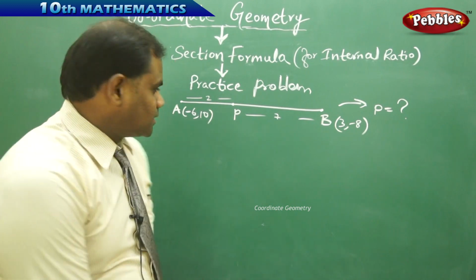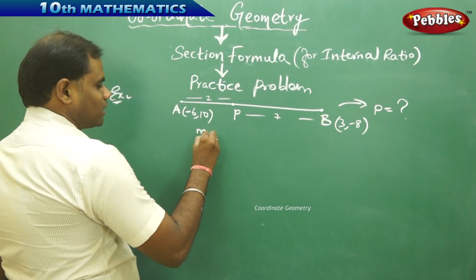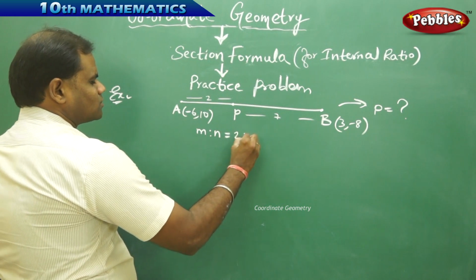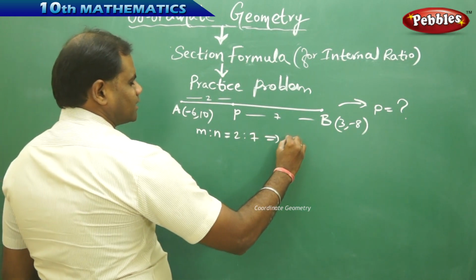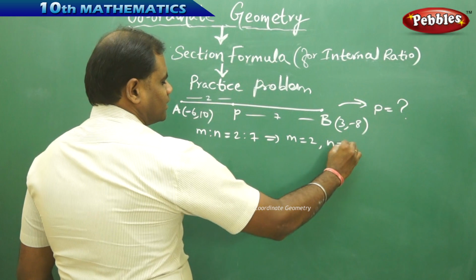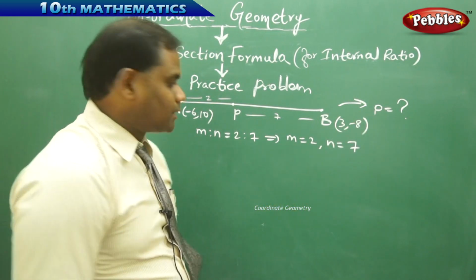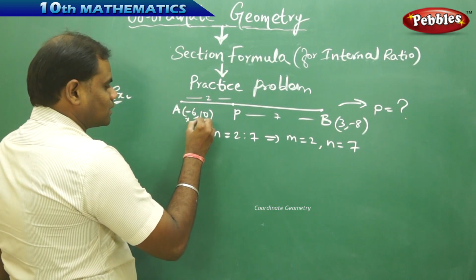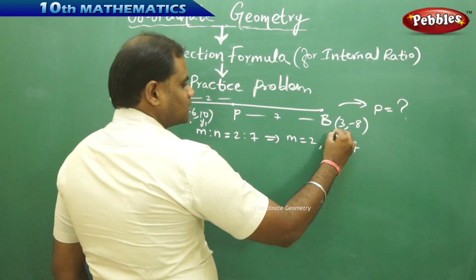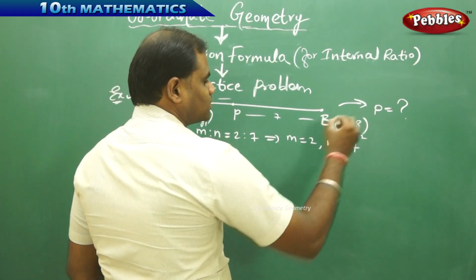So clearly we know that here m is to n is 2 is to 7, that implies I take m as 2 and n as 7. And similarly, this is my x1, this is my y1, this is my x2 and this is my y2.